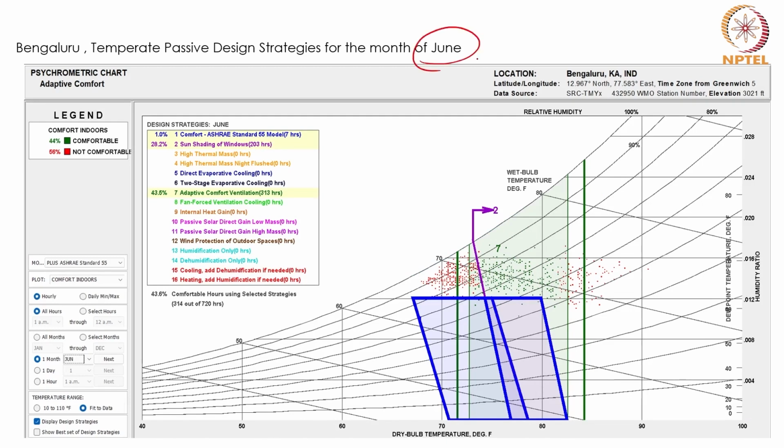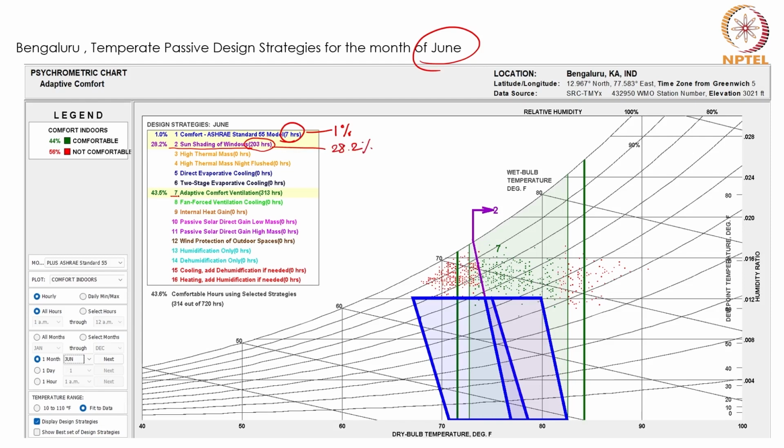Now, let us see what are the passive strategies to be followed in the month of June for the Bangalore climate. We see that without any intervention, 7 hours or 1% of the month of June becomes comfortable by itself. Then, if you provide sun shading of windows, then 203 hours of the month of June becomes comfortable, amounting to 28.2% of the month.